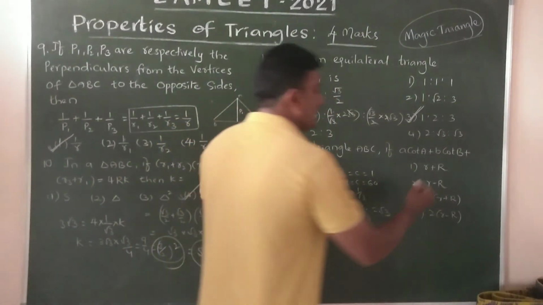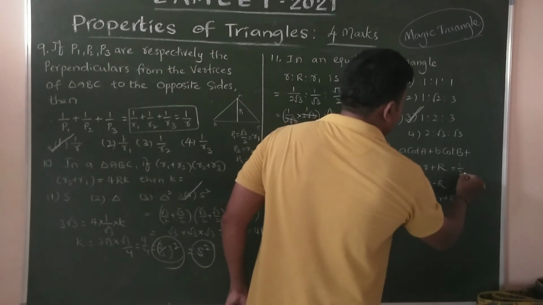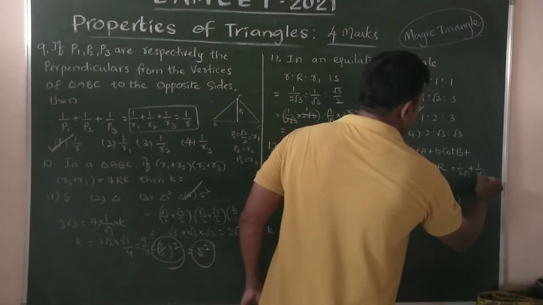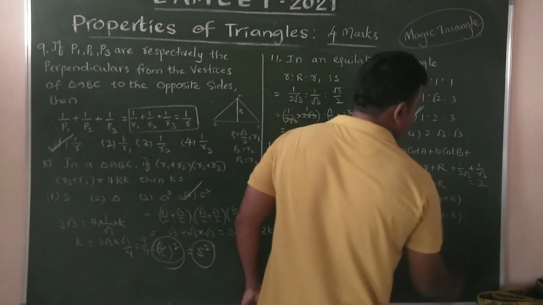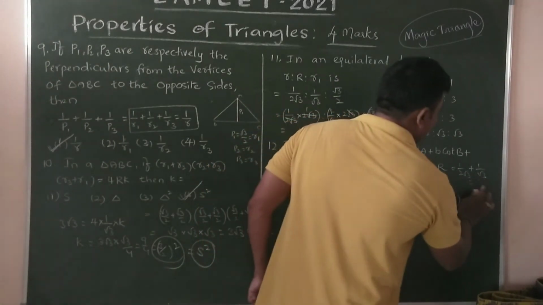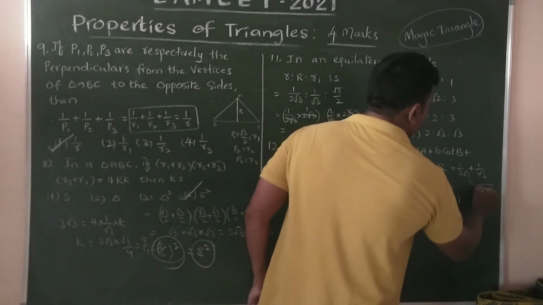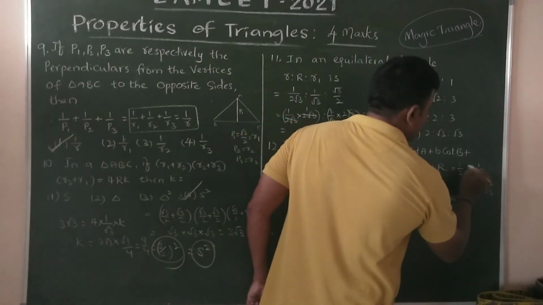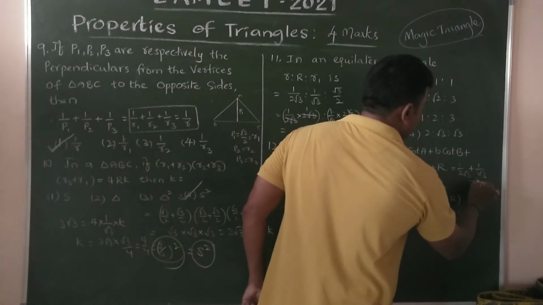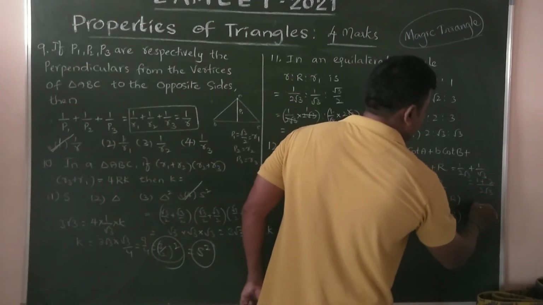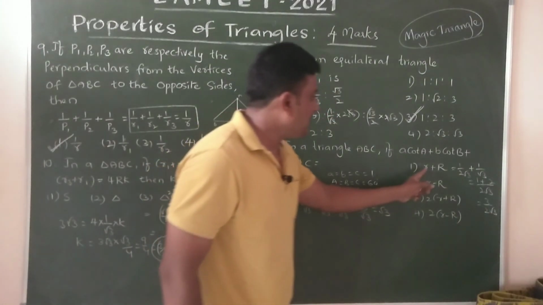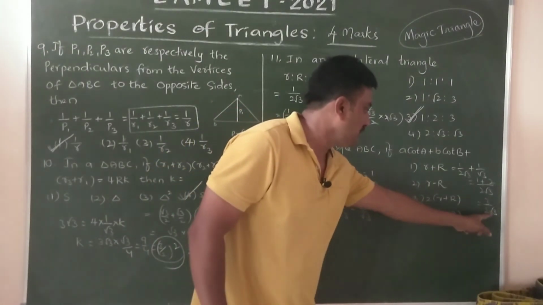Let's see. Small r is 1 by 2 root 3 plus capital R equals 1 by root 3. 2 root 3 is the LCM. Taking 1 plus 2, small r plus capital R equals 3 by 2 root 3.